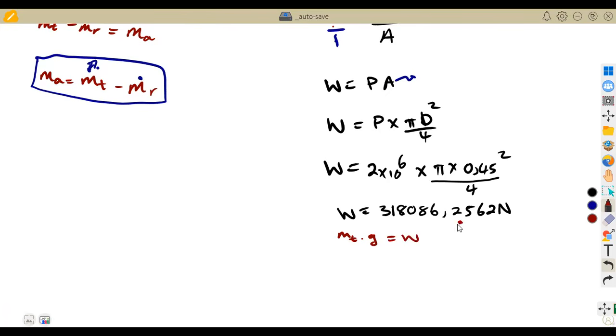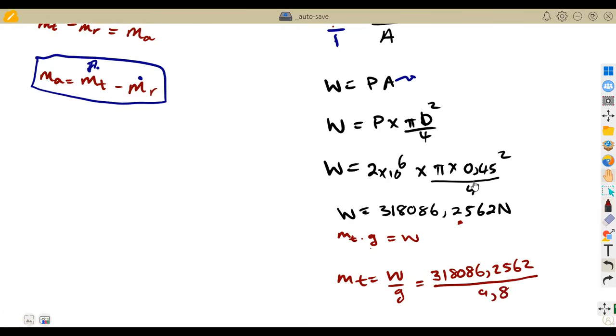So in order for us to obtain the mass, we are simply going to divide by the gravitational acceleration. So the total mass is the weight over the gravitational acceleration, whereby we have this weight of 318,086.2562, everything over 9.8.